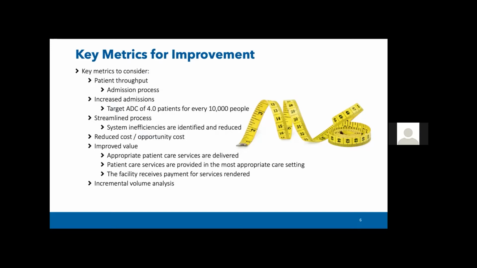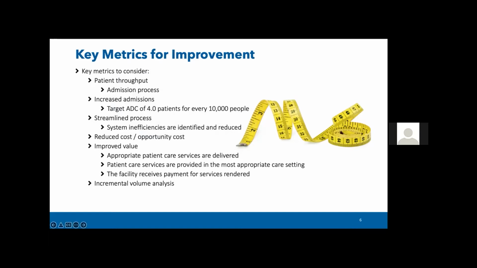And then when we talk about improved value, again, appropriate patient care services are delivered. Patient care services are provided in the most appropriate care setting. And then the facility is receiving payment for services rendered. And then we also see it from a revenue aspect.